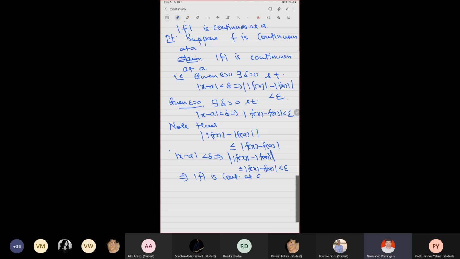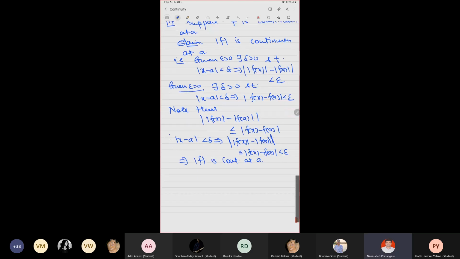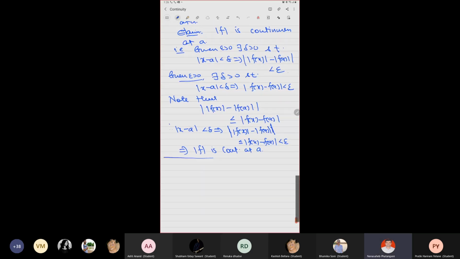So the same idea you can extend. If f from any set A to R is continuous, when I say a function is continuous on a set, it means it is continuous everywhere on A, then the absolute value of f is continuous on A. So this is obvious, right?